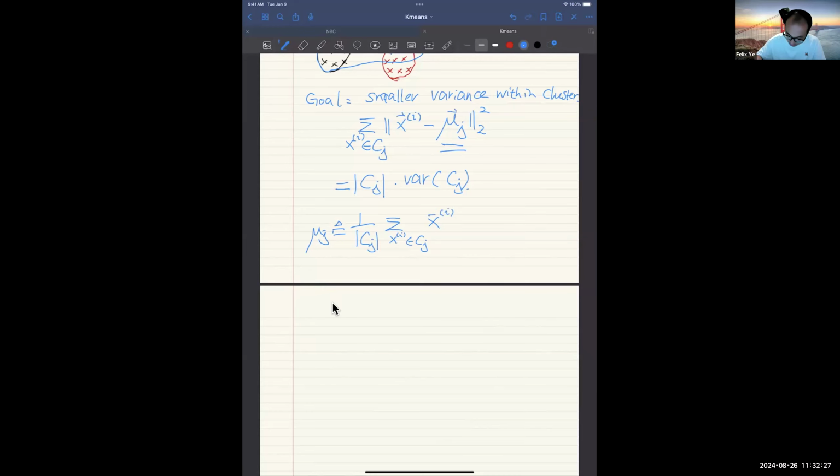So these are all vectors. So basically we want to minimize the variances within the clusters, over all possible situations.